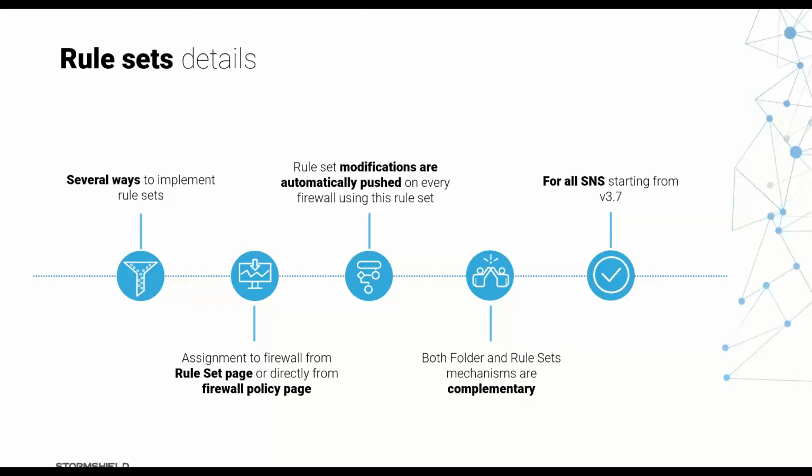You don't have to modify it on each firewall. It is a mechanism that is complementary with the folder mechanism. The folder mechanism allows you to do factorization for firewalls that are included in the same folders, and the rule sets will be complementary and oriented towards services. And it works with all SNS starting from version 3.7.